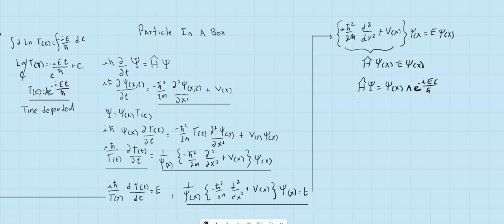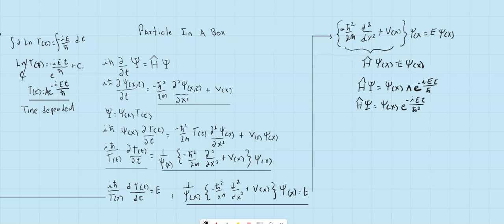So I can write this equation as the Hamiltonian acting on the psi is equal to psi of x times e to the negative i E t over h bar.